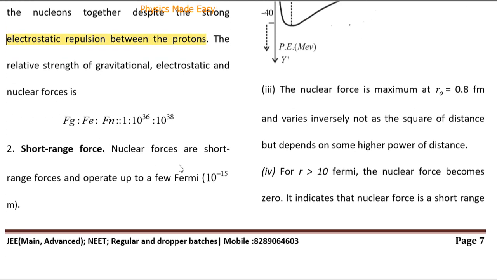If we put the value of gravitational forces at 1, then 10 raised to power 36 is the electrostatic forces, shown by Fe, and 10 raised to power 38 is the nuclear forces, shown by Fn. So nuclear forces are roughly 100 times more powerful than electrostatic forces.